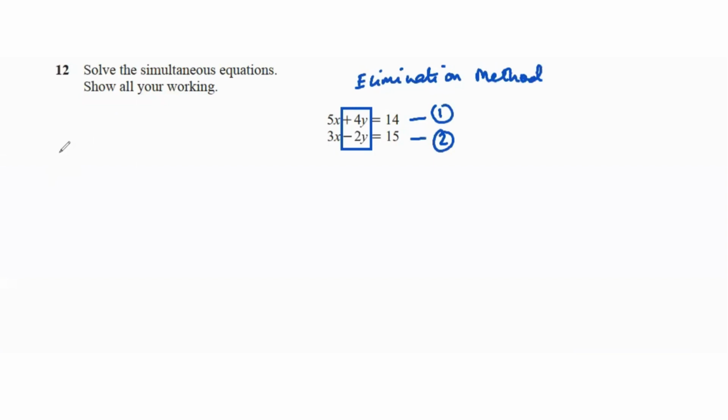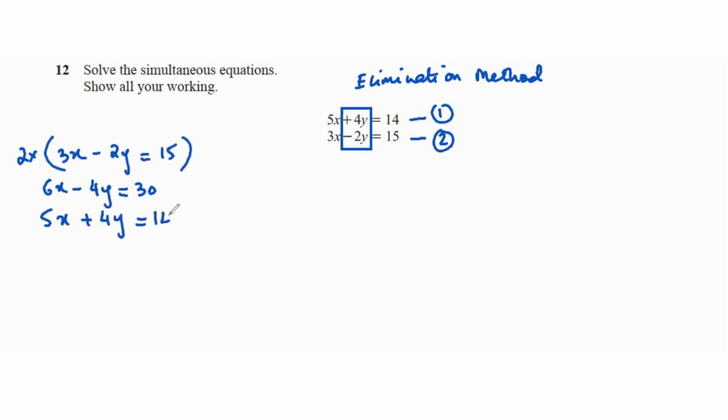So if I multiply 3x minus 2y equals 15 by 2, that's going to be 6x minus 4y equals 30. Now if we compare this with the first equation, since the variable y has the same coefficient, we can easily add the two equations and get rid of y.